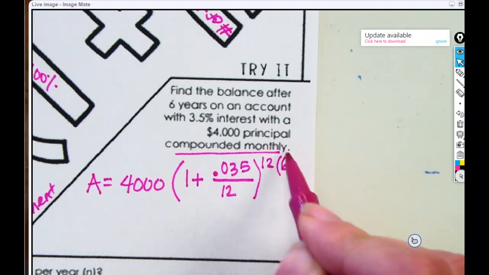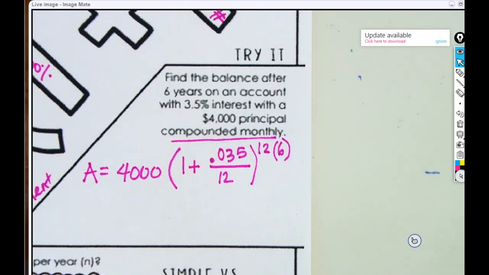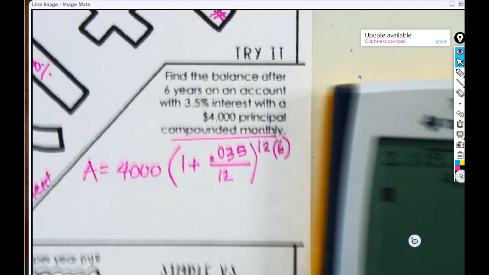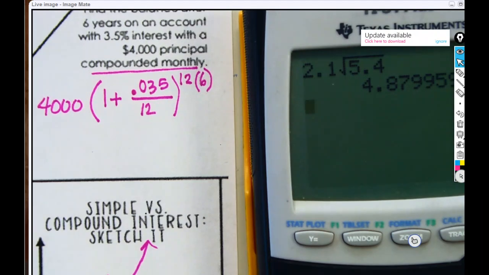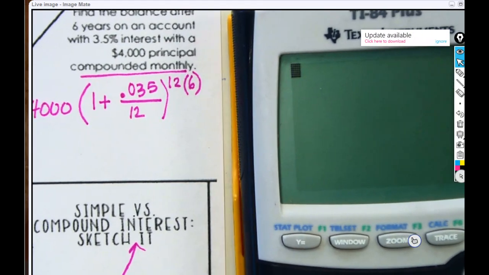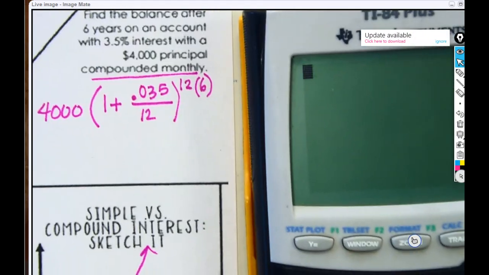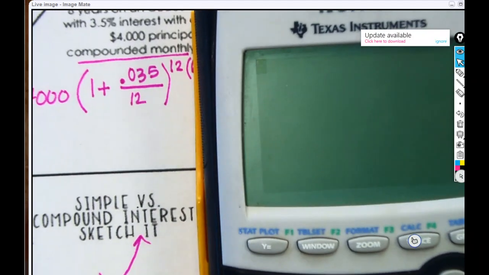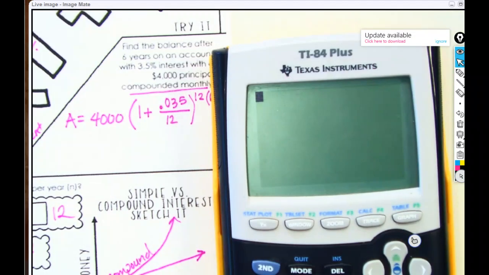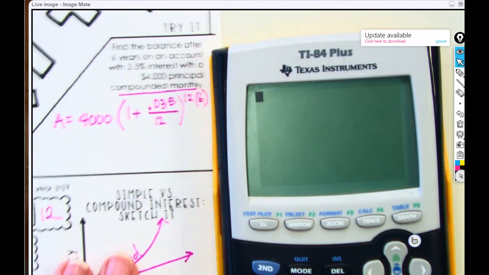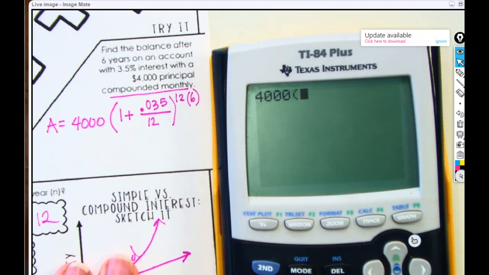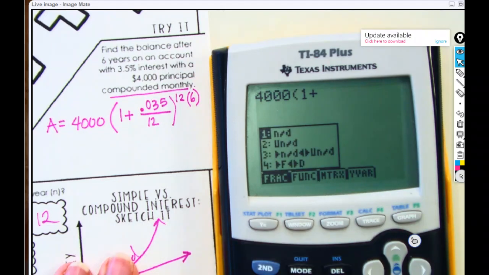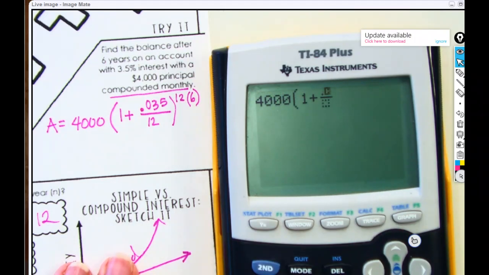Raised to the N, and our T says after how many years? 6. So we love our TI-84s in this case because now I can just grab that calculator. I can calculate these one at a time, or I can go 4,000 times 1 plus, make the fraction, 0.035 over my denominator of 12.